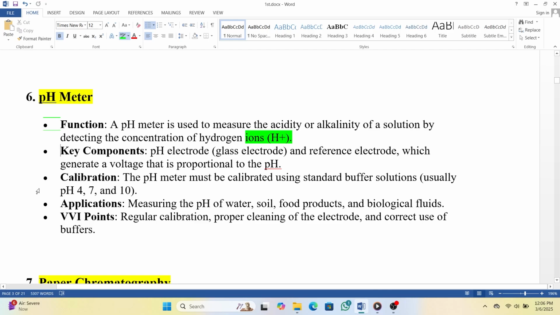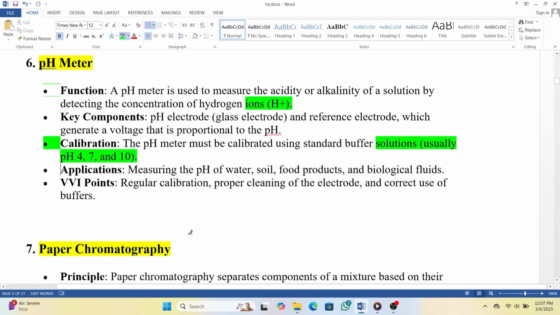Calibration: the pH meter must be calibrated using standard buffer solutions, usually pH 4, 7, and 10. Applications: measuring the pH of water, soil, food products, and biological fluids. VVI points: regular calibration, proper cleaning of the electrode, and correct use of buffers.